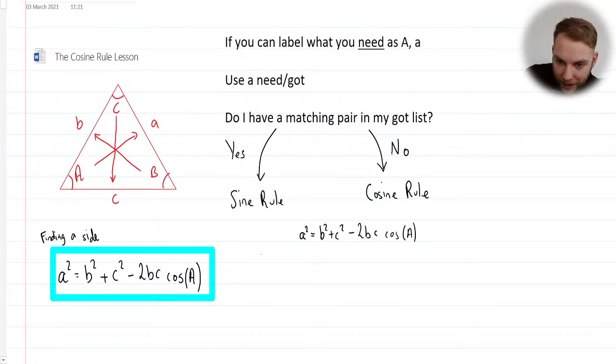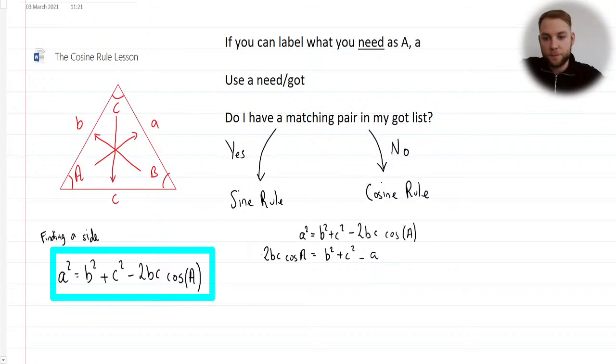I'm going to bring the a squared back, which gives me 2bc cos of A is equal to b squared plus c squared minus a squared. So I'm taking those onto the other side like so.